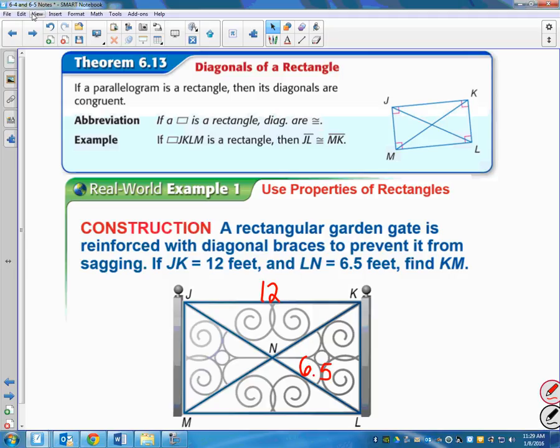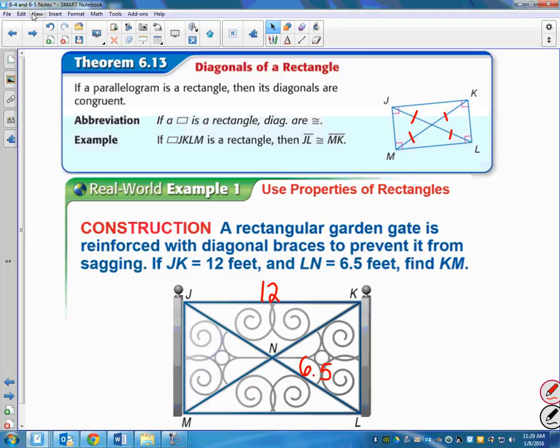If this is just a parallelogram, we know that this side is congruent to this side, and this side is congruent to this side. But because it's a rectangle, we're saying those are the exact same length, and they go through the middle. So you're exactly right, Garrett. We're saying that in a rectangle, those are all equal to each other. That's all you gotta do.